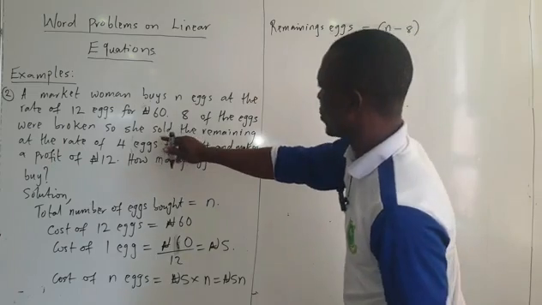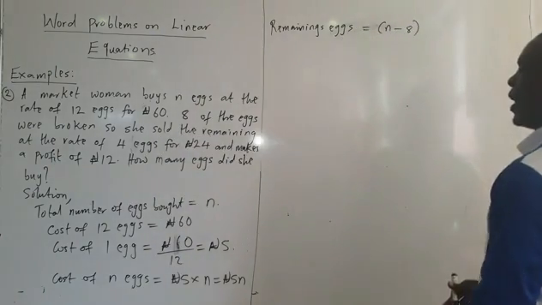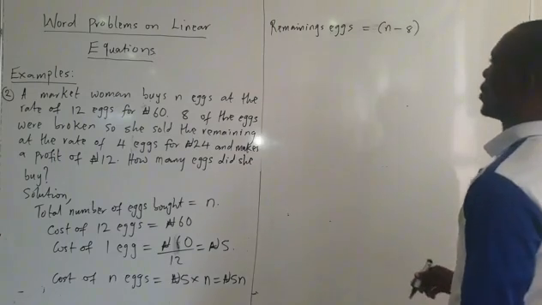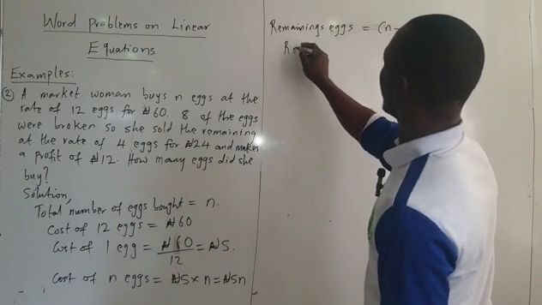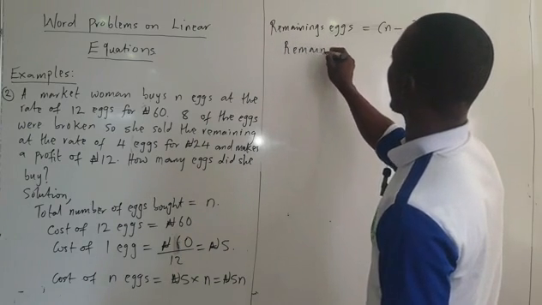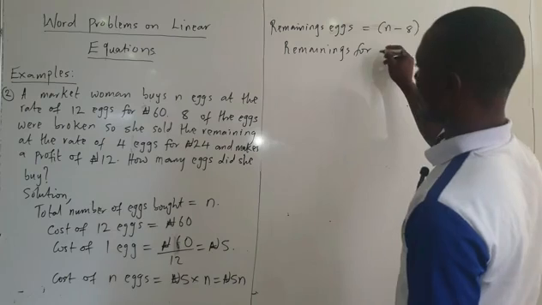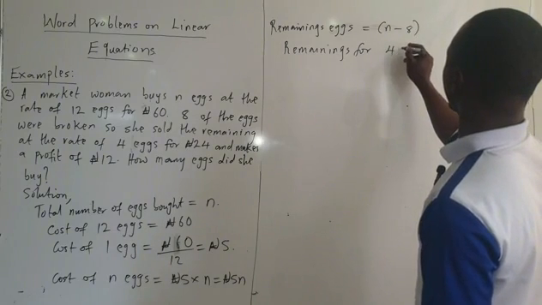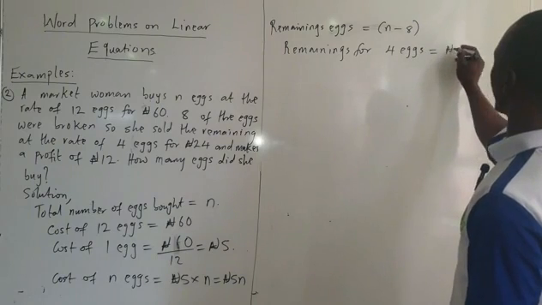Then, she sold the remaining at the rate of 4 eggs for 24 naira. So the remaining eggs, 4 eggs, equals 24 naira.